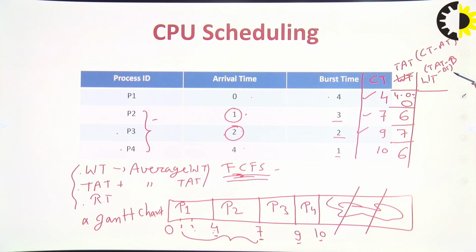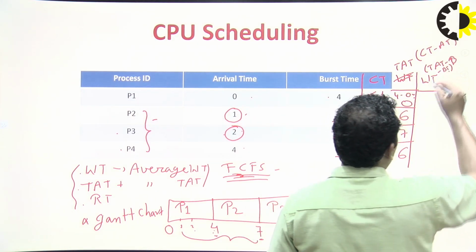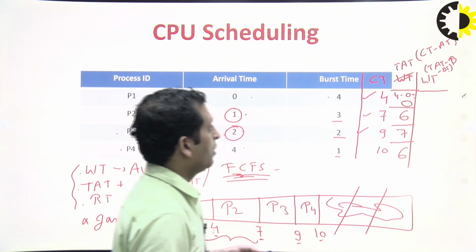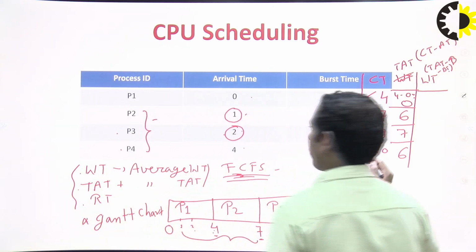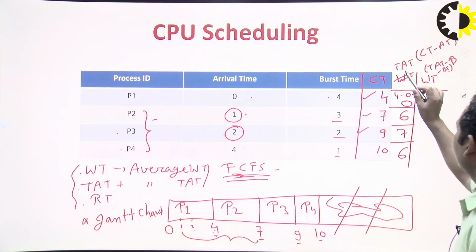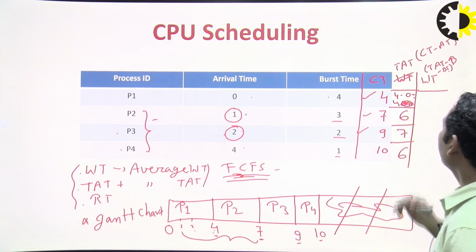Burst time is the CPU time, meaning how much time the process remains in the CPU. If we subtract it from the time in the system, we get the total waiting time. For P1, the TAT was 4 minus 0, which is 4.